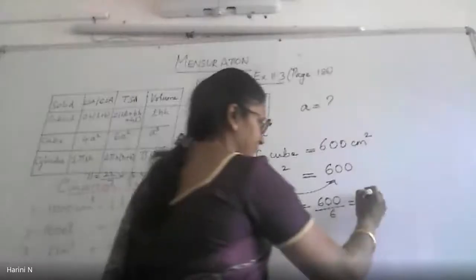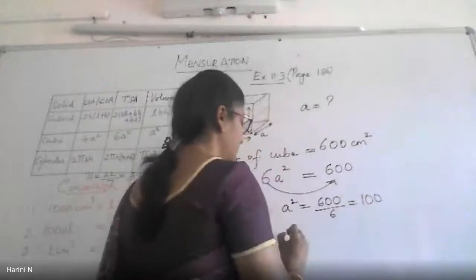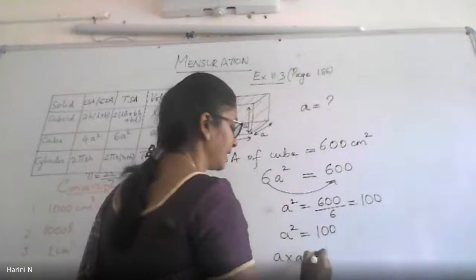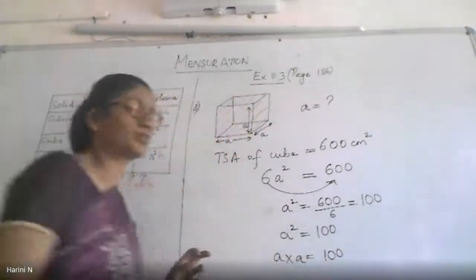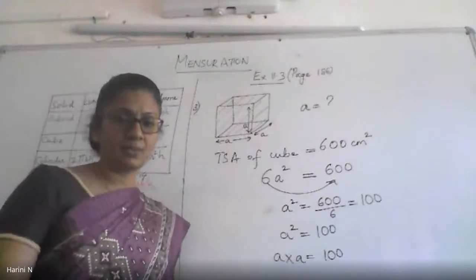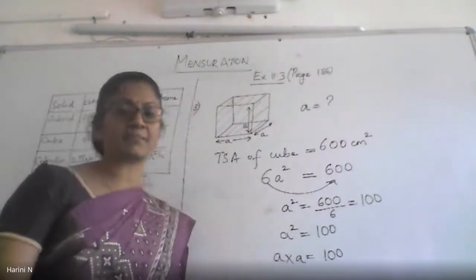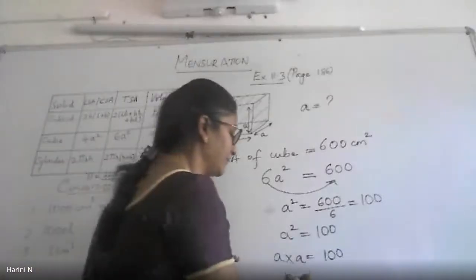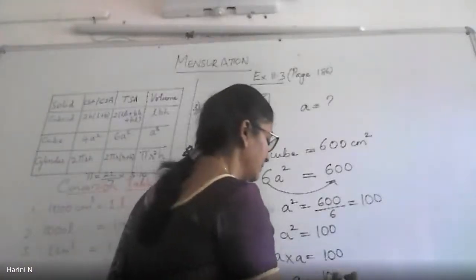100. So a square is 100, meaning a into a. Which number when multiplied by itself will give you 100? We have learned squares. 10. So your a will be 10 centimeters. Why centimeters?